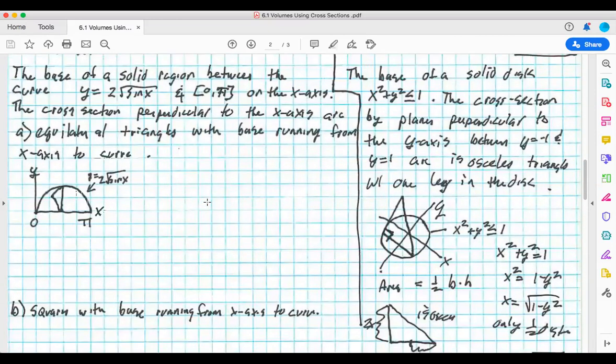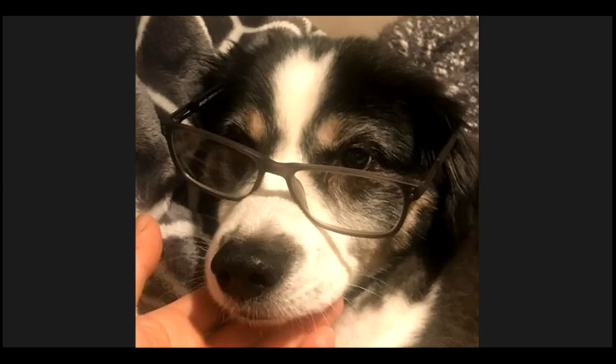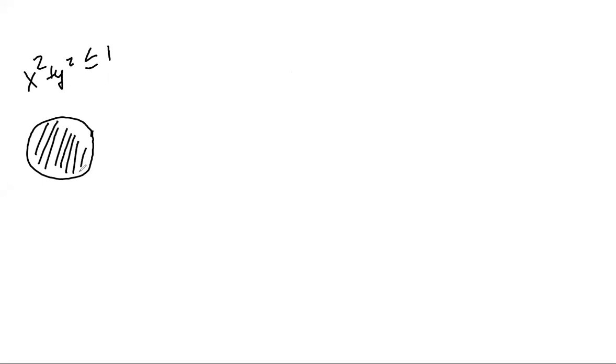So the first one we're going to take a look at here is the base of a solid disk. Let's find the volume. If we have the base of a solid disk, that's x squared plus y squared is less than or equal to 1. That's going to be a circular disk that's all filled in.